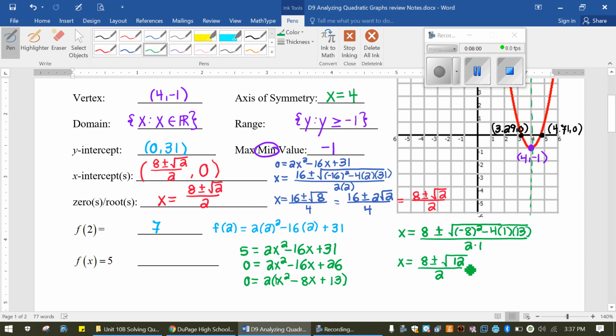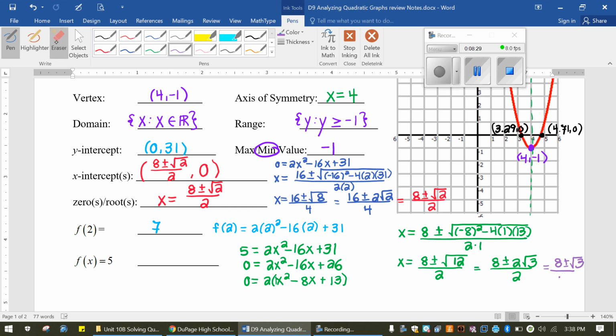And then we can simplify this radical. Square root of 4 times square root of 3 is going to give us 8 plus or minus 2 square root of 3 all over 2. And now we can reduce the 8, the 2, and the 2. They're all even, so we can reduce those.